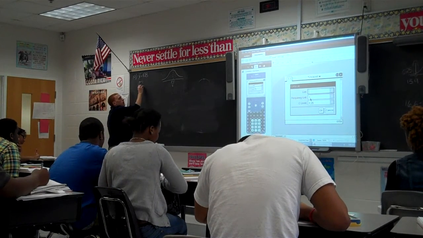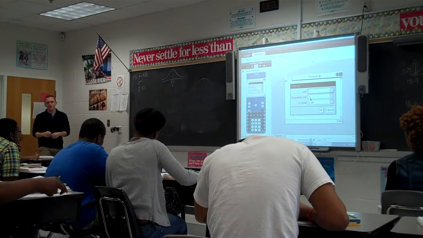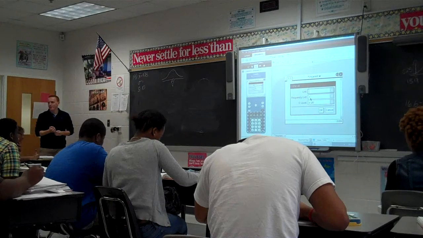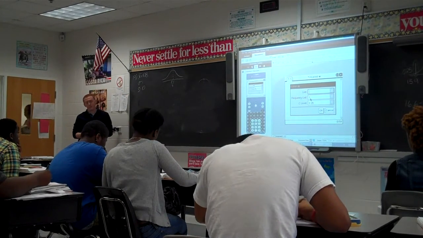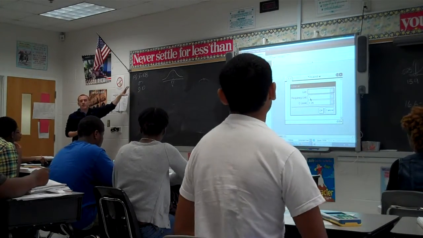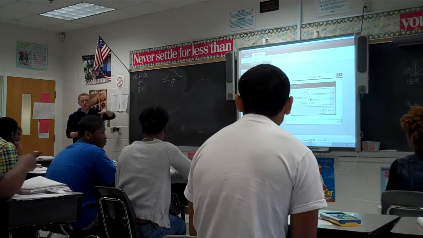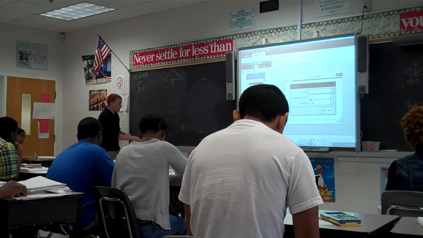So, question is, well, Mr. Moran, those are the same. There's nothing different in those. But the difference here is that S stands for the sample standard deviation, whereas the other is our population standard deviation. We talked about that earlier.